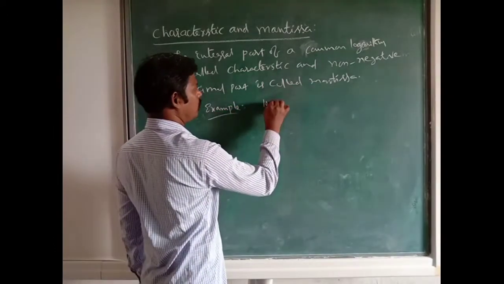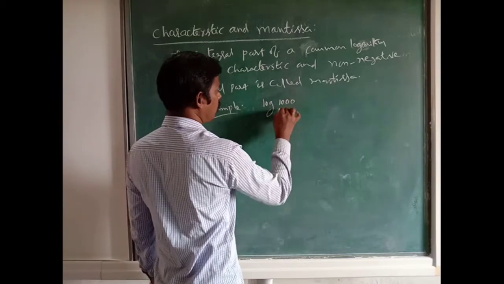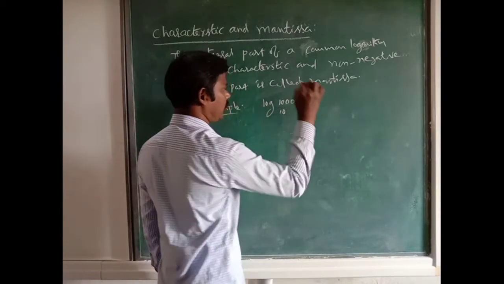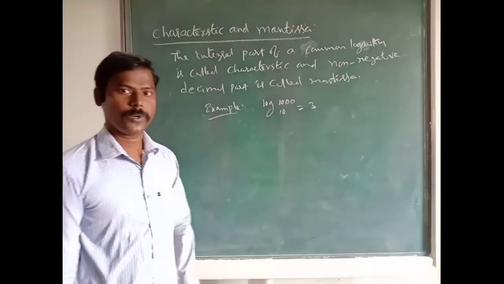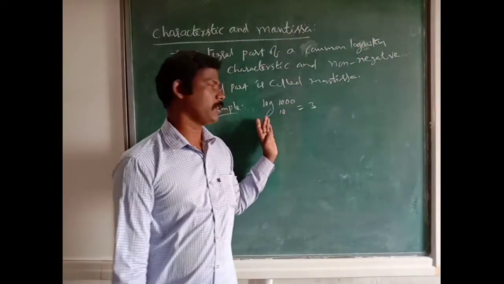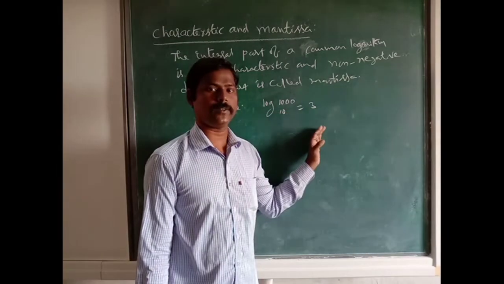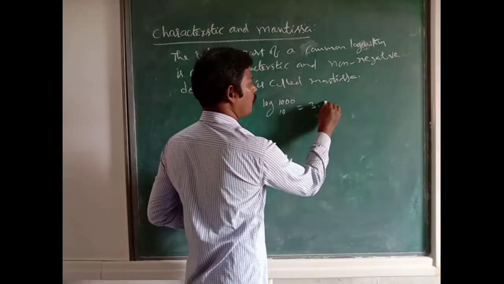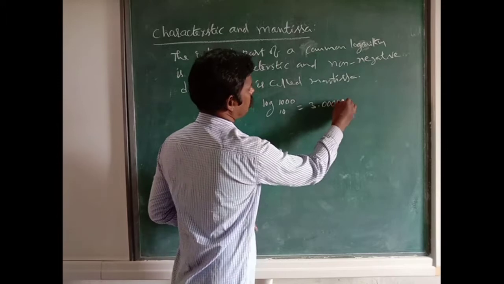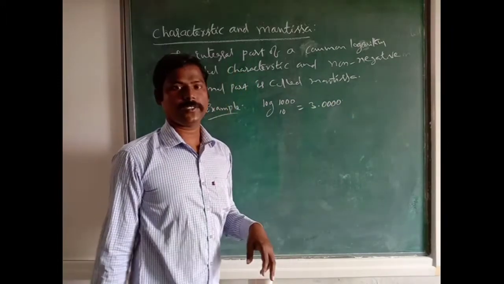So log 1000 base 10 is how much? 3. We know that, because log 1000, writing it as 10 cubed, is 3 times log 10 base 10, which is 3 times 1, so 3. Here it is 3.0000.